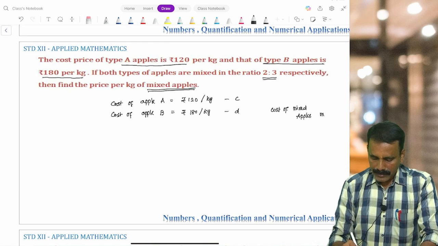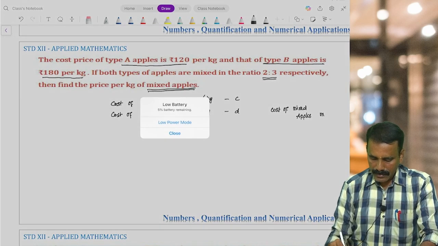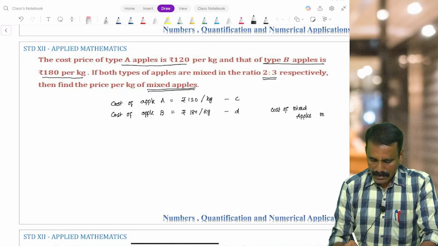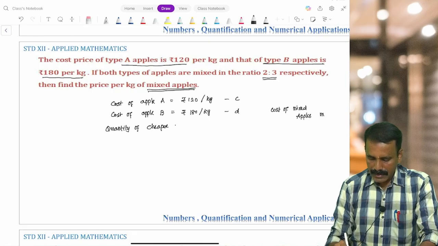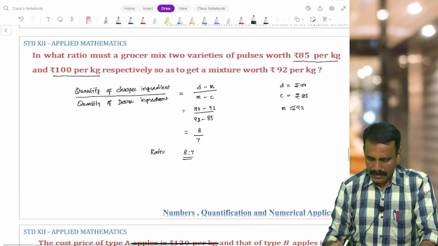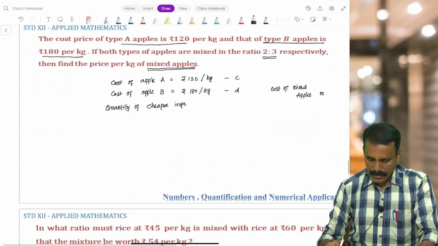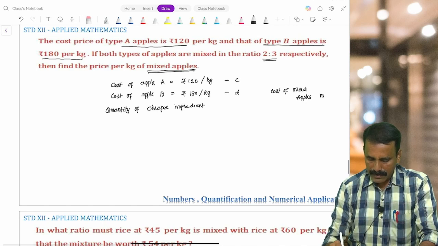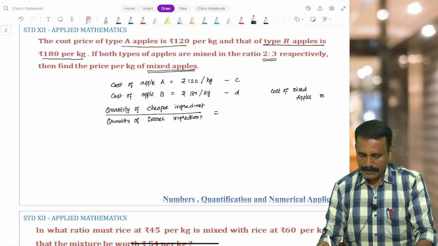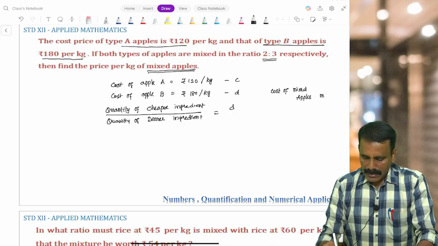Now we are having the formula. Ratio of the mixture, quantity of cheaper ingredient divided by quantity of dearer ingredient is given by the formula dearer minus mixture divided by mixture minus cheaper.